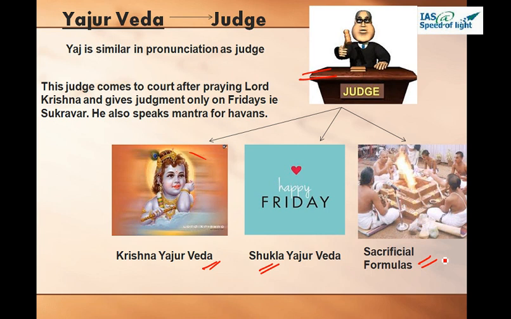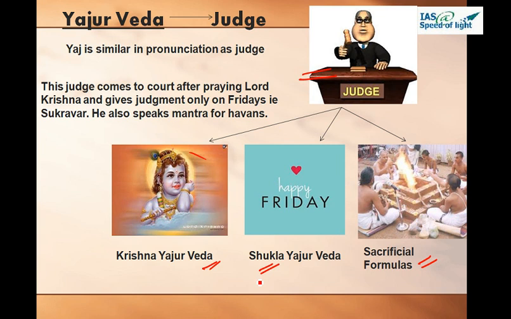And he gives judgments only on Fridays. That is a strange thing, where the judge gives judgment only on Fridays. Shukla becomes Shukravar. Friday in Hindi we call Shukravar. So this judge gives judgments only on Fridays.